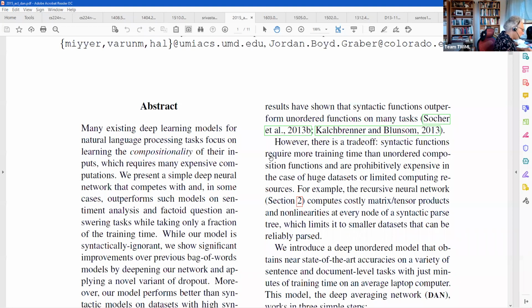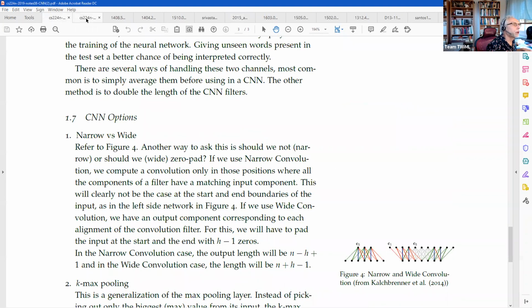Okay, so in the PowerPoint presentation for this lecture, we've gone through probably about half of it. Now I'm going to try to take us through the rest of it bit by bit.